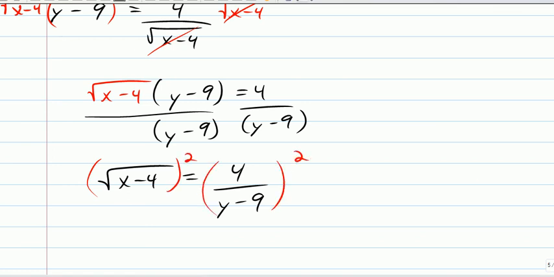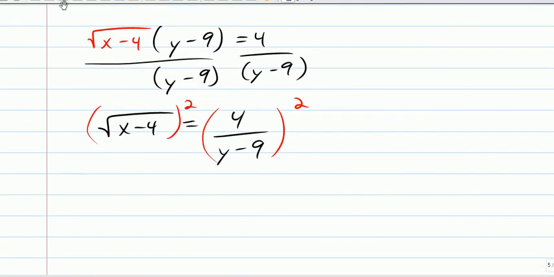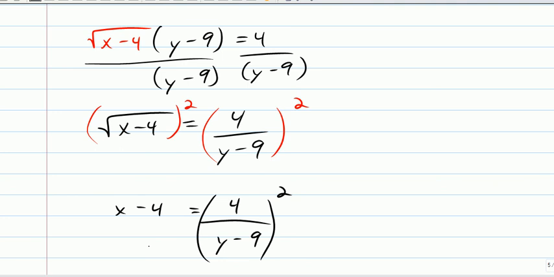I'm not super concerned with the simplification right now. So now you've got x minus 4 equals 4 divided by y minus 9, squared. You can add 4 to both sides, so those go away.